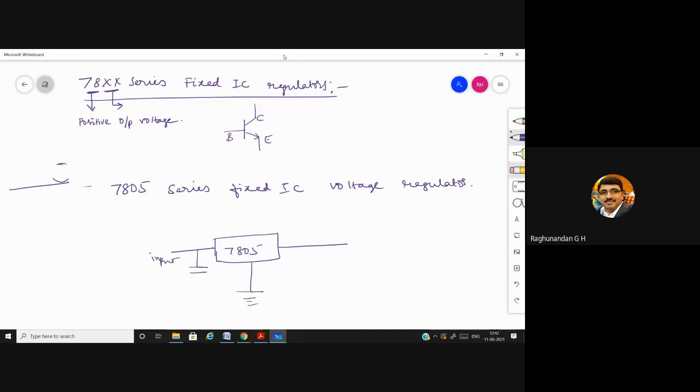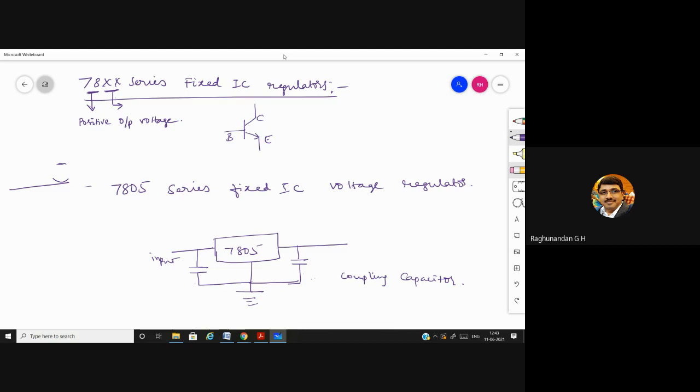Between the input and the output, we are going to connect a capacitor. These two are known as coupling capacitors. As we have already discussed, a capacitor is going to block DC and allow AC.